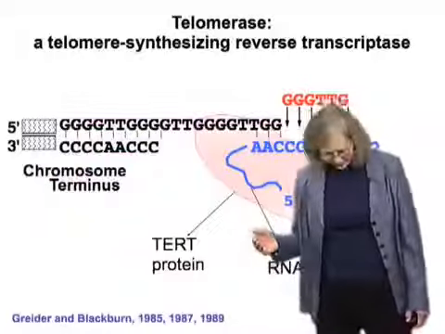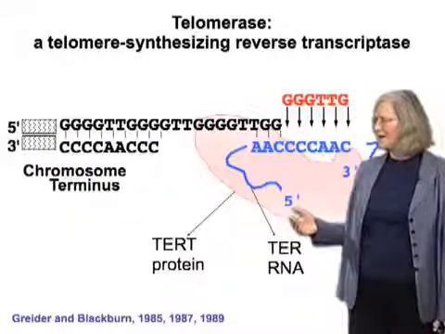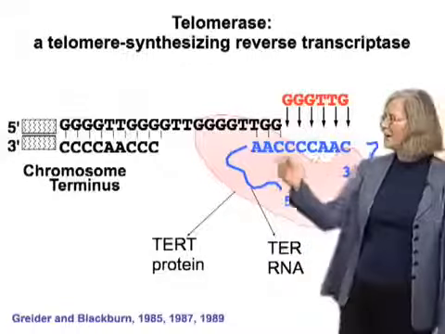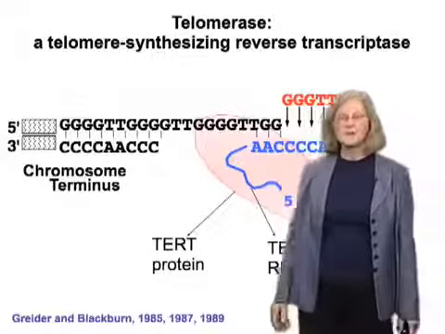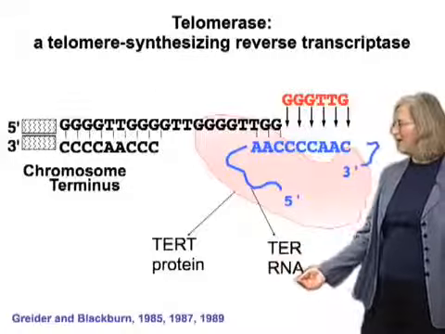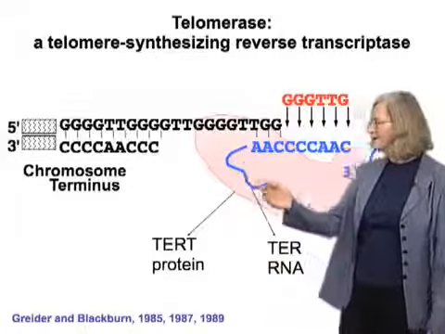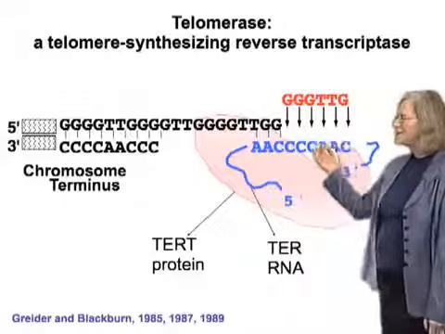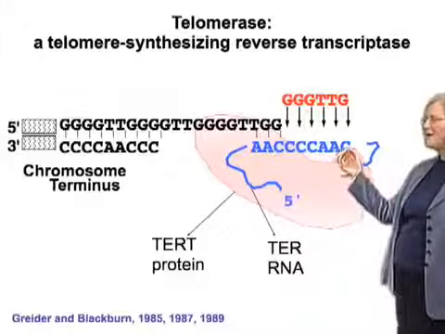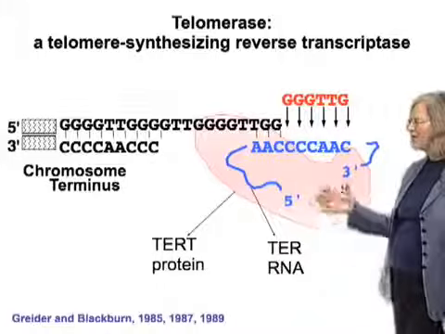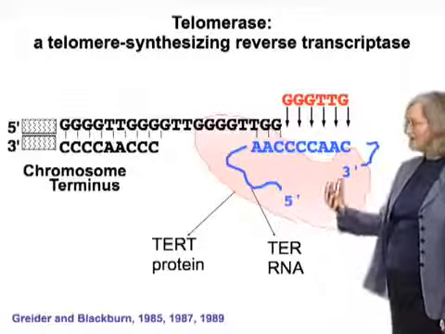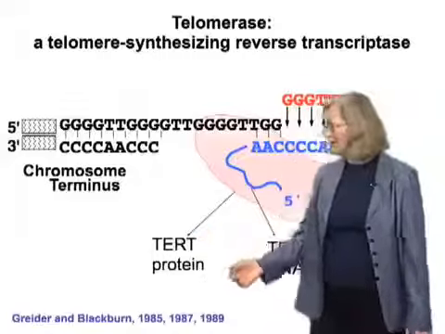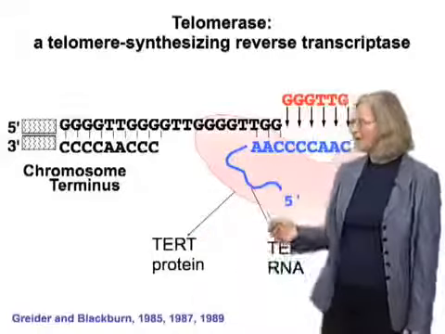The result of all of this kind of analysis led us to the idea that there was in fact a template within the telomerase. And to our surprise, this template turned out to be made of RNA, an RNA that is actually built in to the telomerase complex. And this template is a short portion of this RNA, which otherwise has a lot of other structure which is built into the enzyme particle, which contains also a protein which is called TERT.